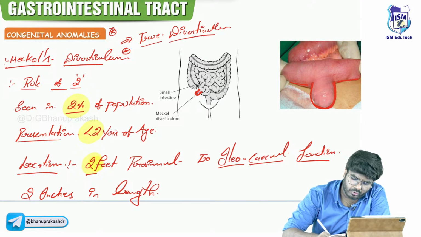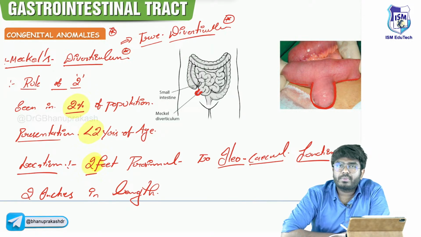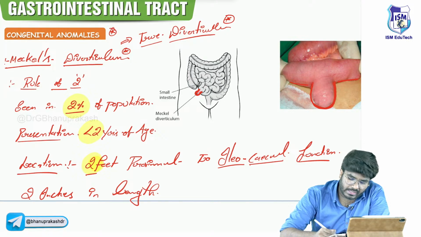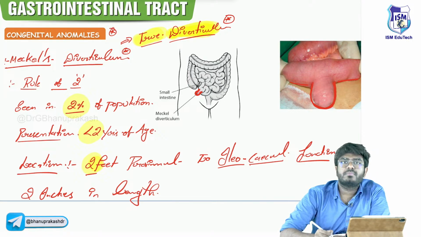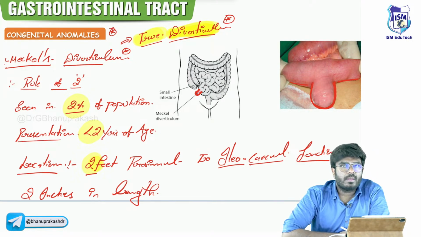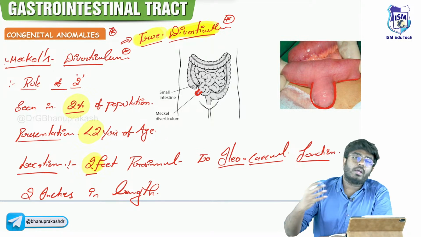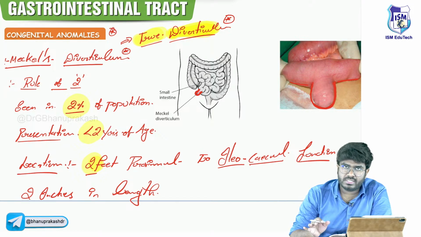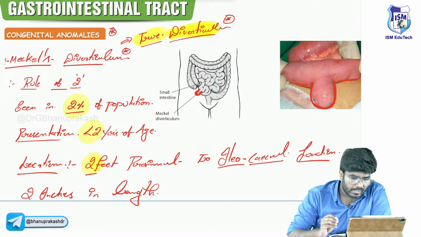What do I mean by true diverticulum? All the layers of the GIT, mucosa, submucosa, muscularis, serosa, are involved in this pouching, not just the mucosa and submucosa.